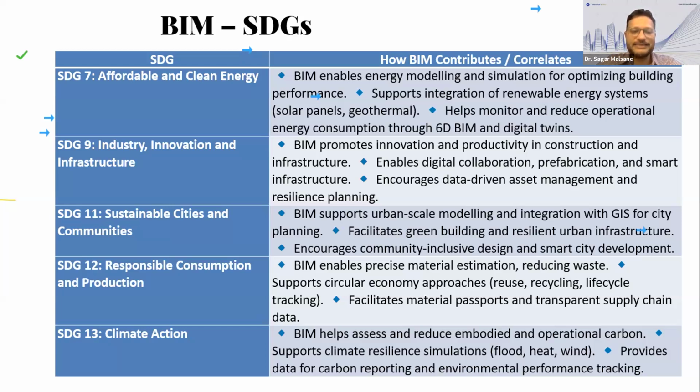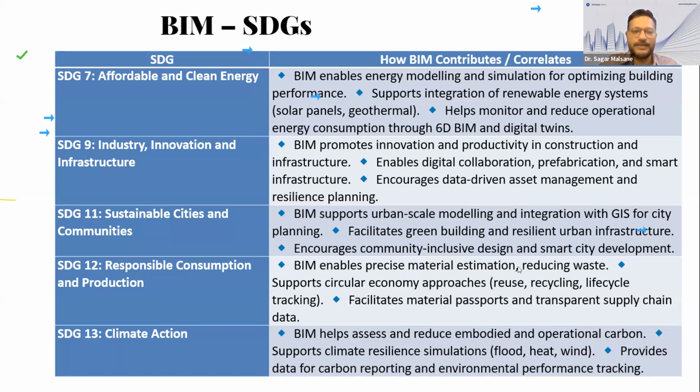And then SDG 13, which is about climate action. Again, BEAM helps assess and reduce embodied and operational carbon consumption. It supports climate resilience through various technologies which are part of BEAM. You can carry out various simulations related to flood and wind, and that makes buildings more resilient, correct?